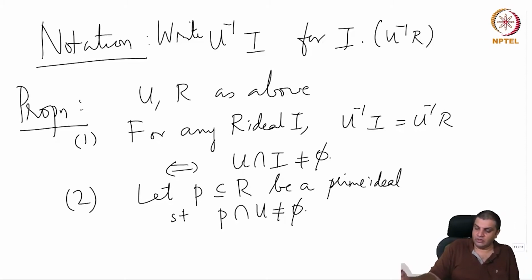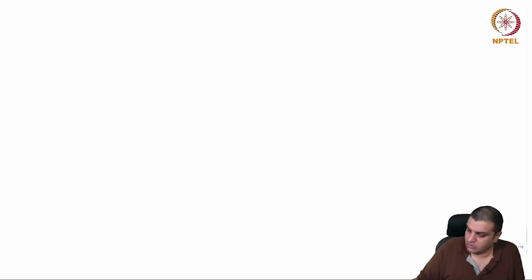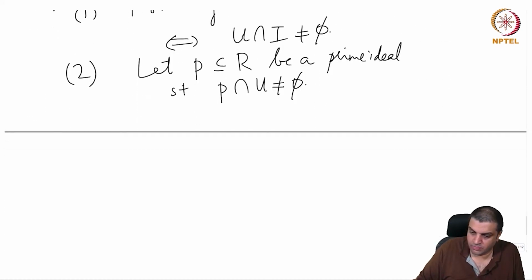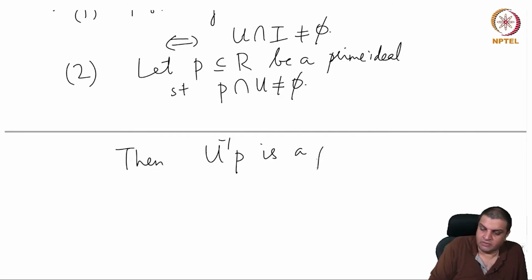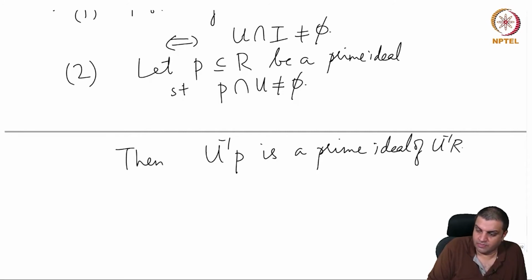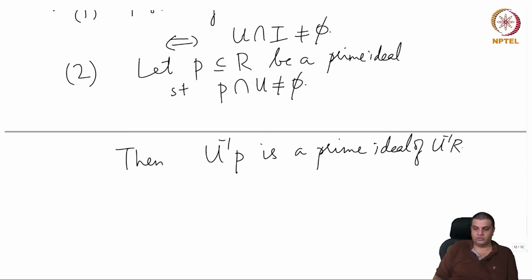So U inverse P is not going to be the whole ring. Then U inverse P is a prime ideal of U inverse R. Okay, so this is what we have.